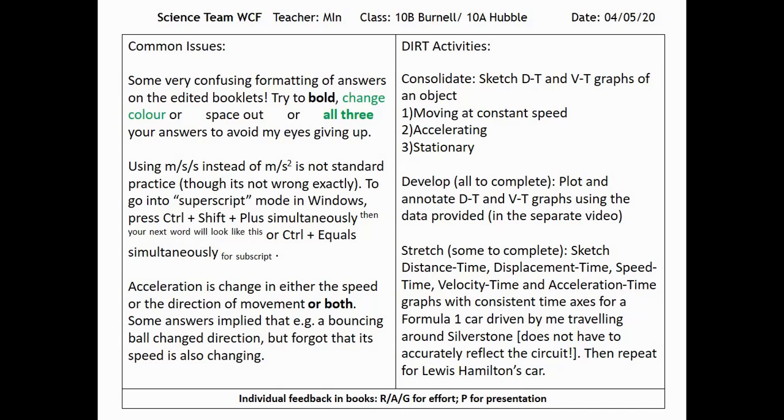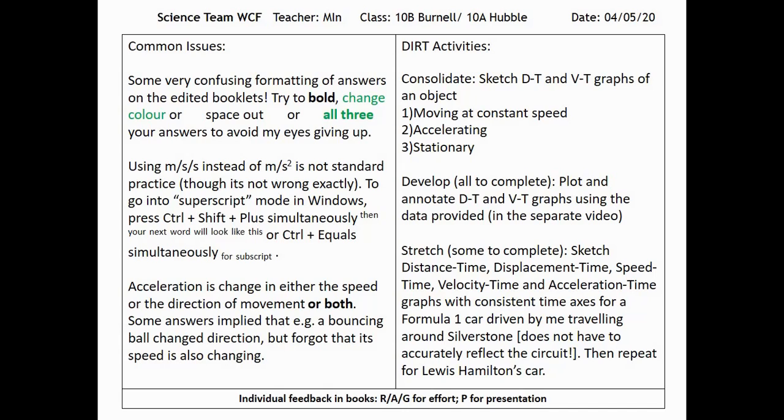And then finally, quite a common error. People were very, very good at recognizing that acceleration is a vector, so you can have acceleration when velocity is changing because the speed is changing or because the direction of the velocity is changing. But sometimes people missed out that actually both can be changing.